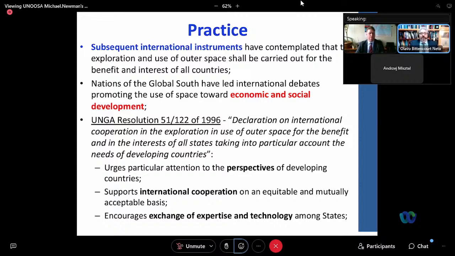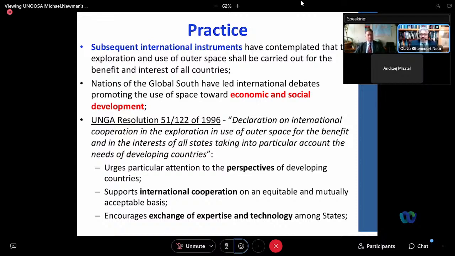And here it's important to make reference to United Nations General Assembly Resolution 51/122 of 1996, which is titled Declaration on International Cooperation in the Exploration and Use of Outer Space for the Benefit and in the Interest of All States, taking into particular account the needs of developing countries.